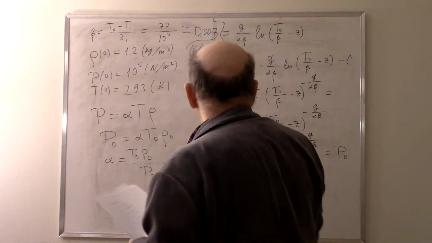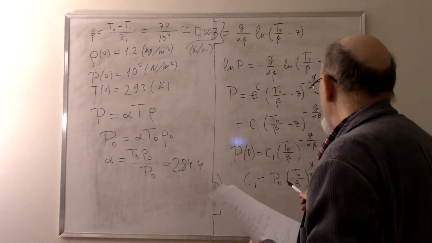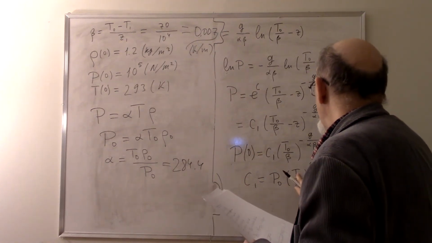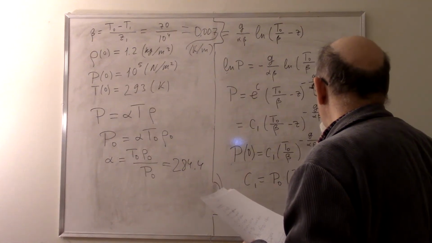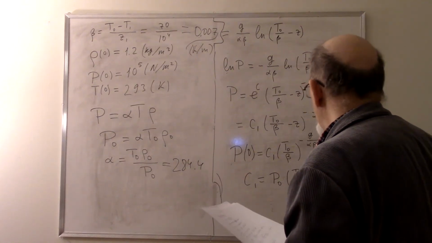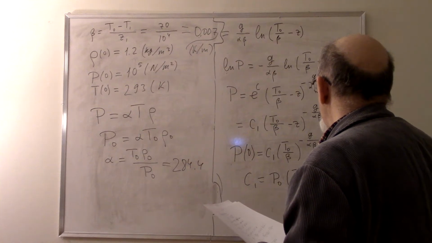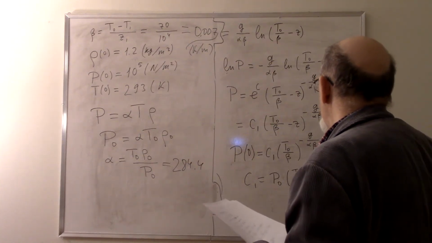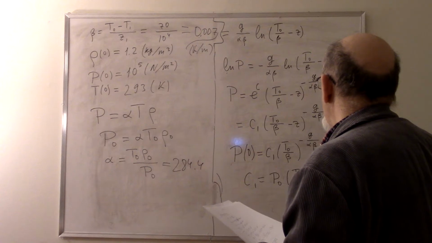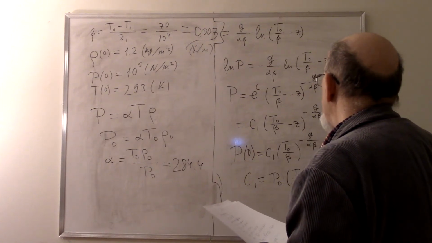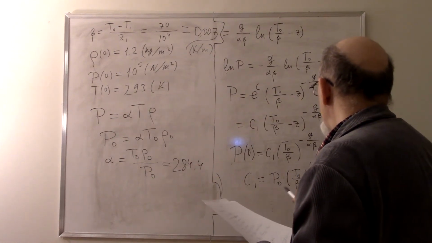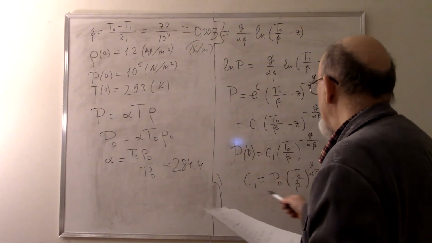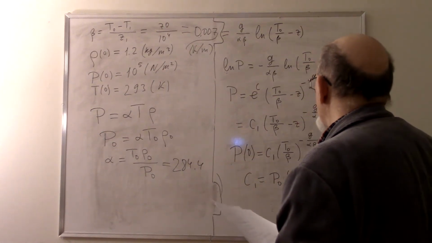Okay, so we have alpha, beta, P0, T0, and that's it. It remains to find the C1.